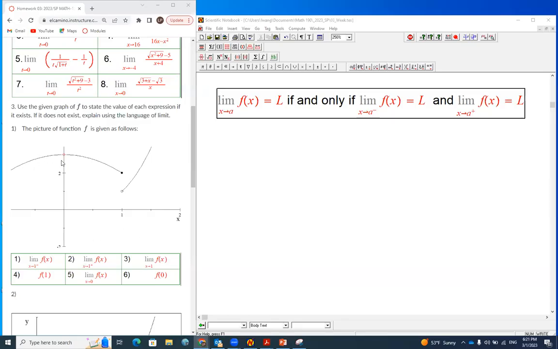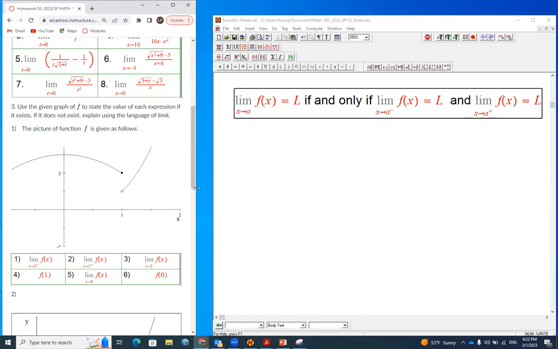When we look at example number 1, this is homework number 3. Use the given graph of f to state the value of each expression if it exists. So this is the practice for us to practice expressing limit from a side, sided limit.